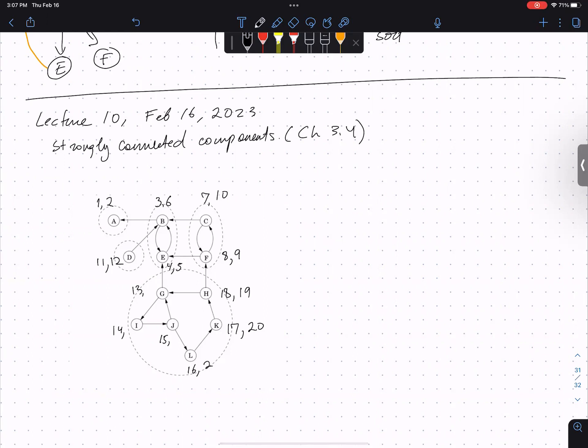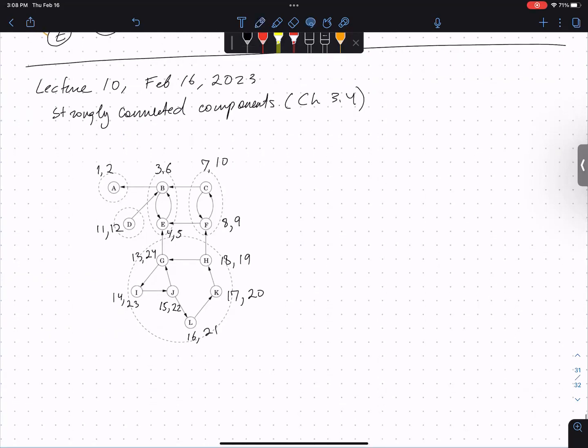We go back up. 21, we go to J. J's other neighbor G has already been visited, so we wrap up. Back to I, we wrap up. And we wrap up here. All right, so just a refresher on depth first search, but we're going to also be using this graph in what follows.